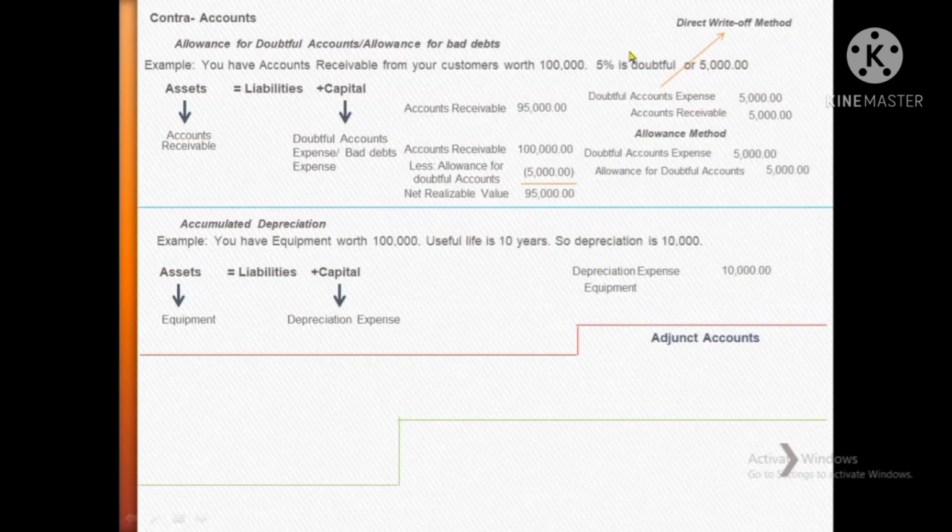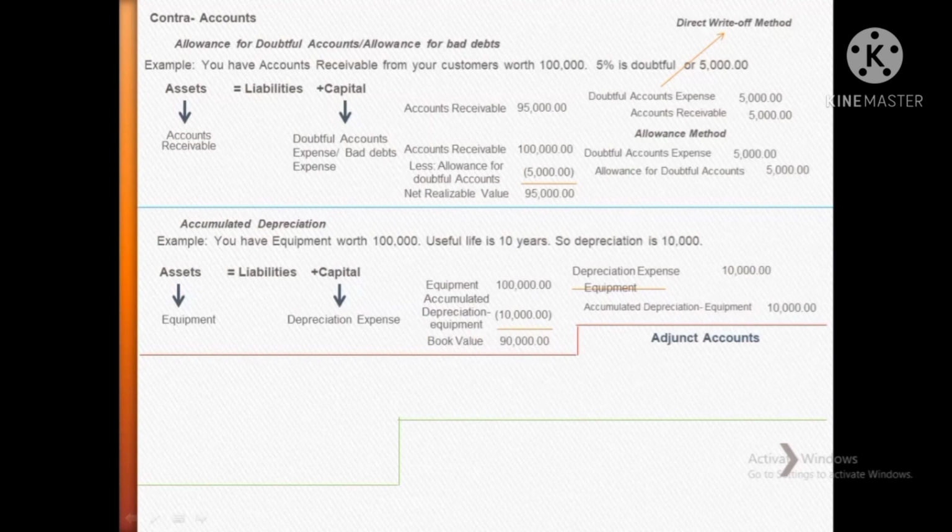Not the same with the direct write-off in the allowance for doubtful accounts. So we cannot use the equipment account. Instead, we are going to use the accumulated depreciation dash equipment of 10,000. So in the presentation, we're going to present equipment at its gross of 100,000 and we are going to deduct the accumulated depreciation equipment balance of 10,000. Then we will have 90,000, which is what we call the book value of the equipment.